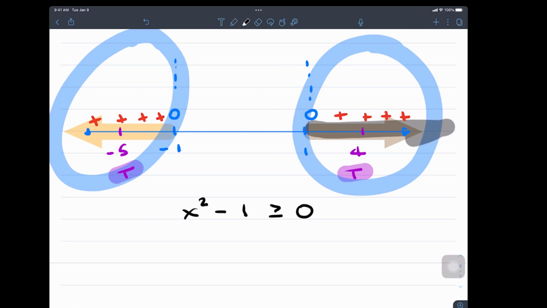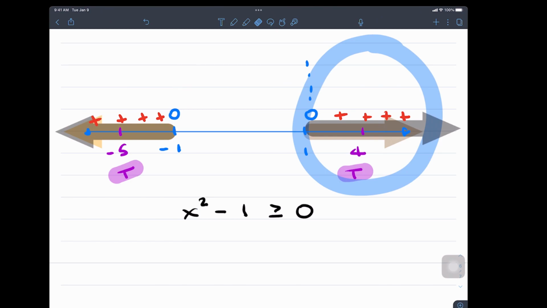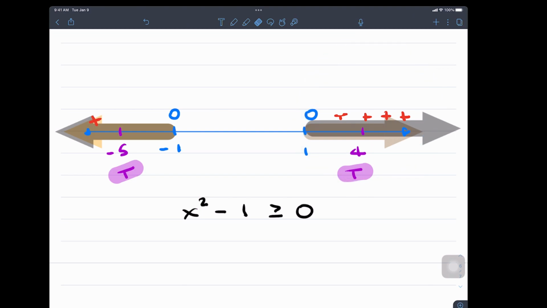So this is how that looks. Anything to the right of 1. Anything to the left of -1. These are the regions that are positive, because it's greater than 0. But does anybody want to know there's more to the story? What's the other portion of this?